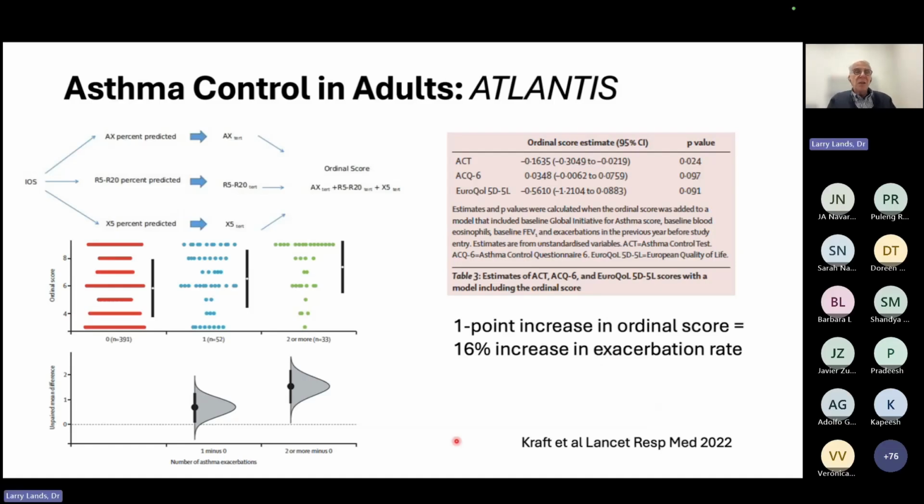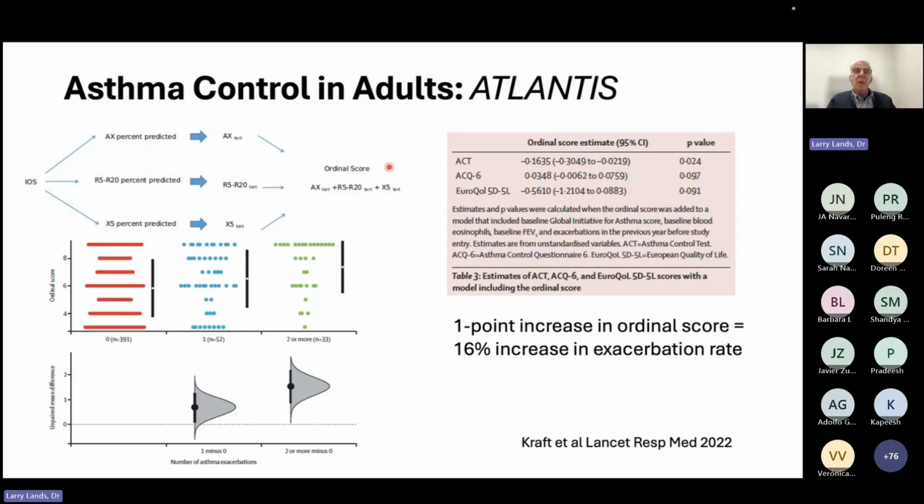I know some of you are treating adults. So this is the Atlantis study. This was the largest study of asthma control in adults, and they combined 3 measures of oscillometry: the area under the reactance curve percent predicted, the R5 to R20 difference percent predicted, and the X5 percent predicted.